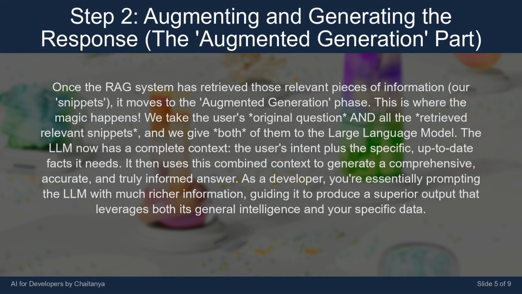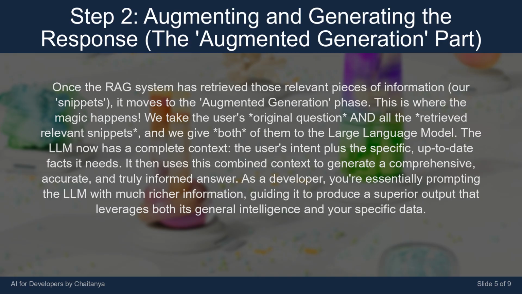Once the RAG system has retrieved those relevant pieces of information, our snippets, it moves to the augmented generation phase. This is where the magic happens. We take the user's original question and all the retrieved relevant snippets, and we give both of them to the large language model. The LLM now has a complete context, the user's intent plus the specific, up-to-date facts it needs.